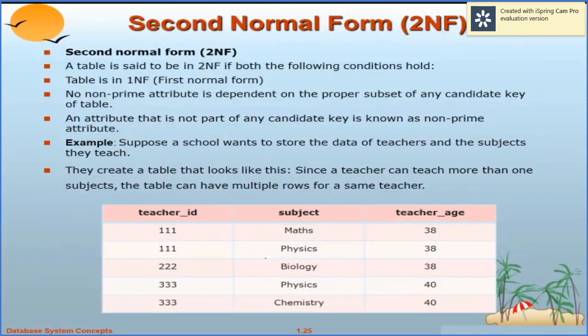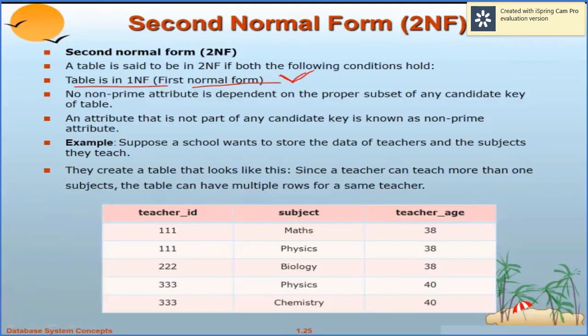Next one is the second normal form condition. Let's look into the conditions or rules of second normal form. The first rule of second normal form is the table should be in the first normal form. Before proceeding to the second normal form, the first normal form condition should be satisfied. So what does the first normal form condition say?